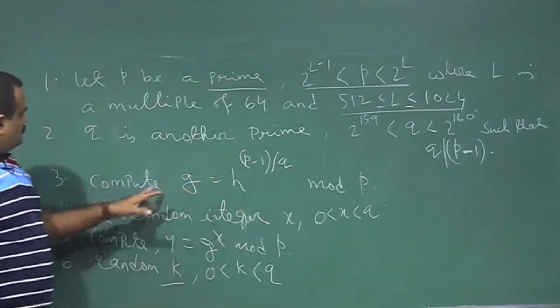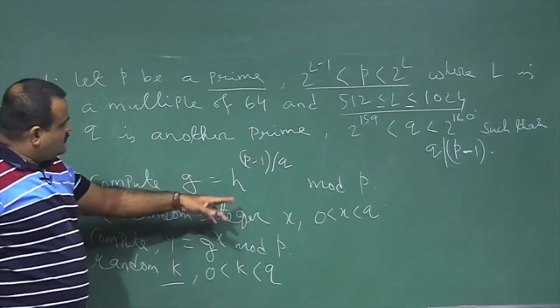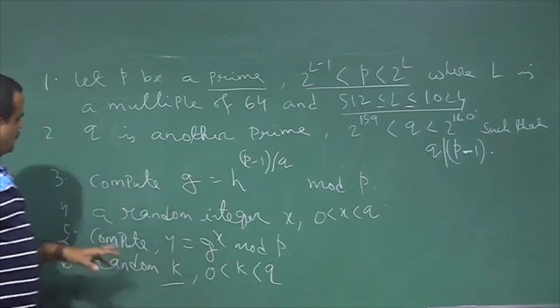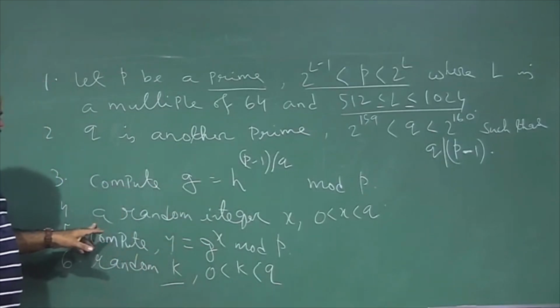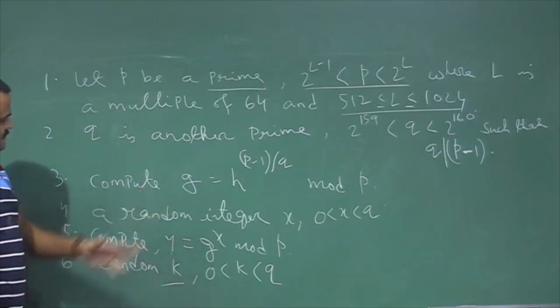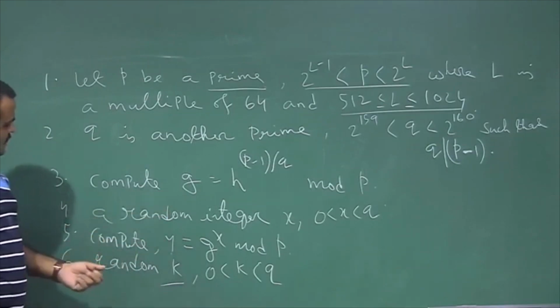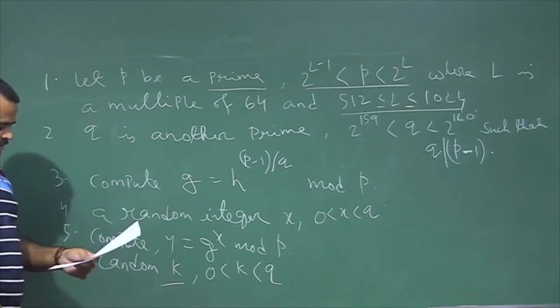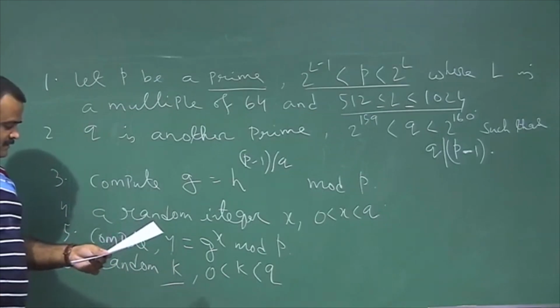So, we compute g as h to the power (p minus 1) over q mod p for an h less than p minus 1, then we choose a random integer x. x is the private key of an individual and y is the public key of an individual, and the remaining we can make public.